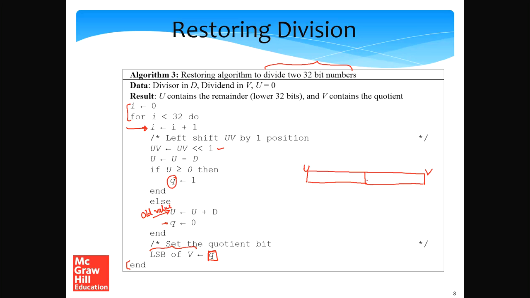Initially the dividend is completely loaded in register V, till we come to this line in which the dividend is shifted to the left by one position. So basically the dividend occupies, let's consider this much to be one position, pretty much this much.